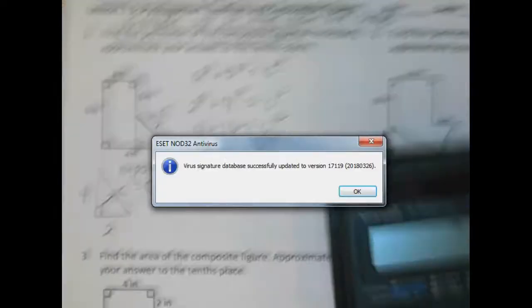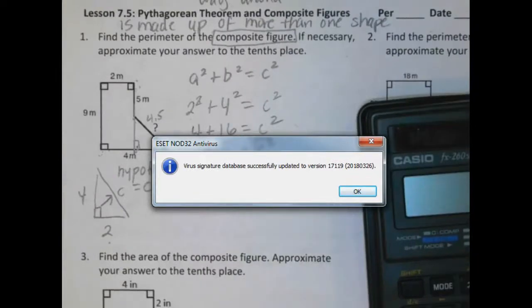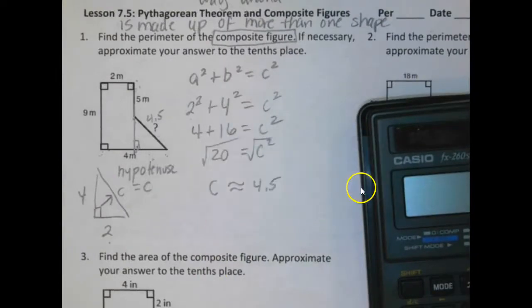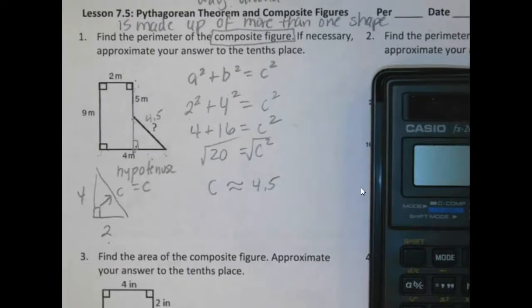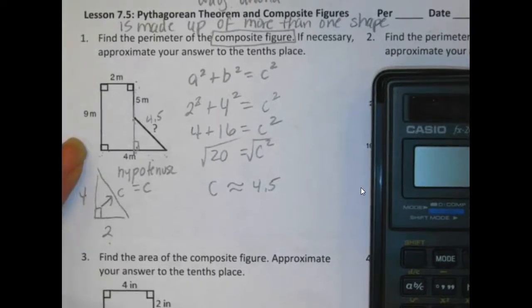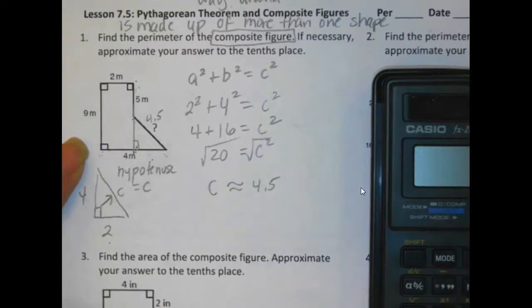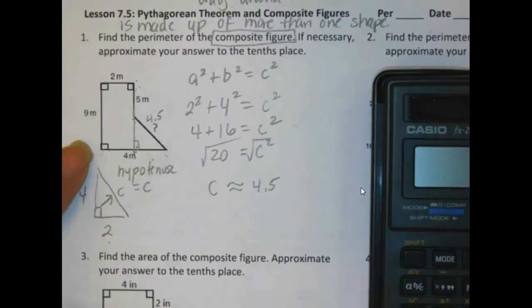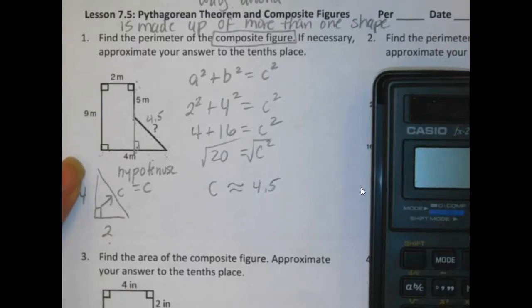So I can use my calculator here. I'm going to take 9 plus 2 plus 5 plus 4.5, right? Because that's what we averaged it out to. Plus 4. And what does that give me?